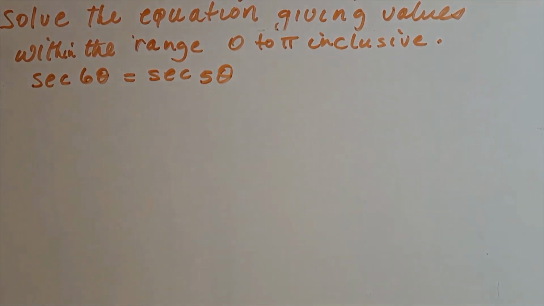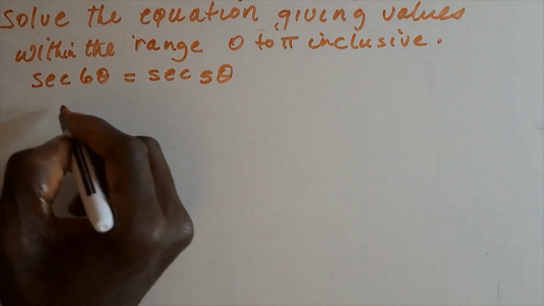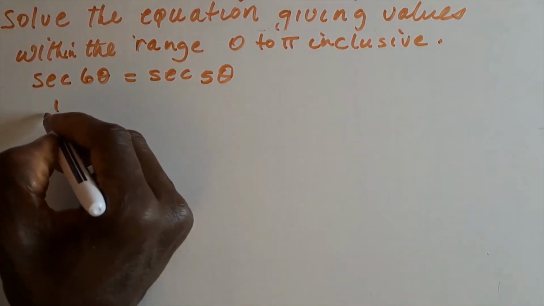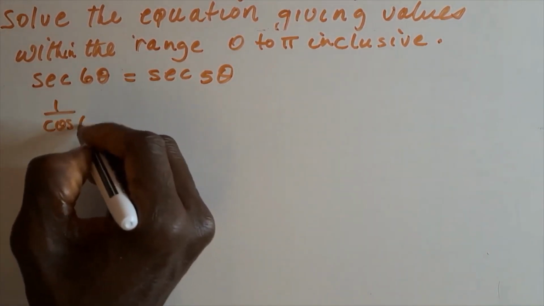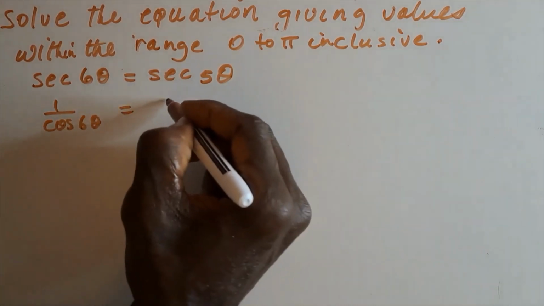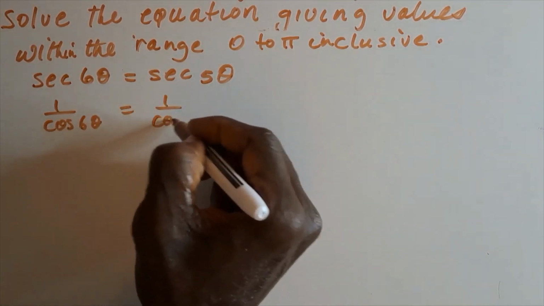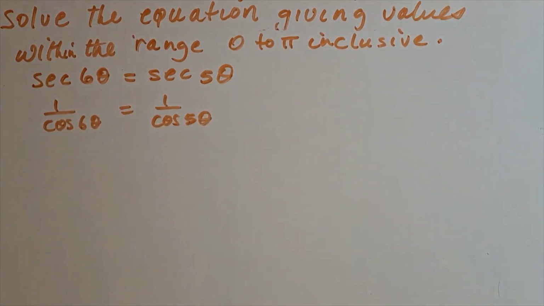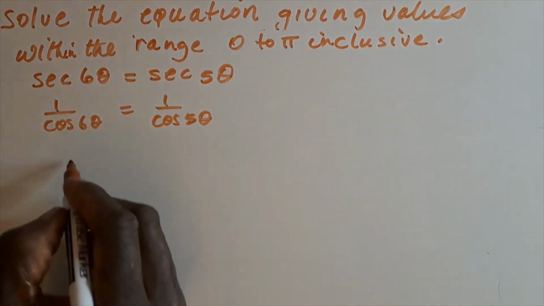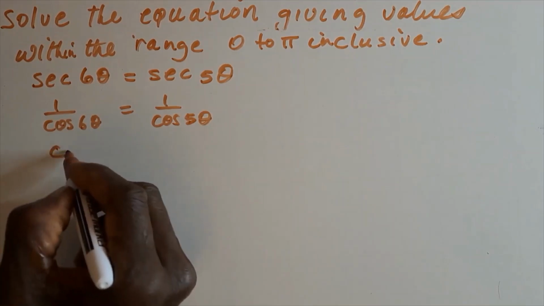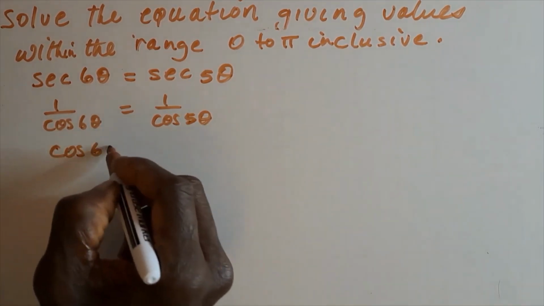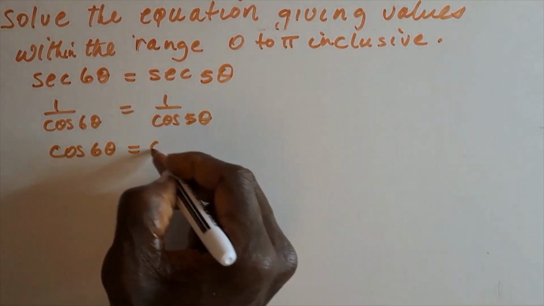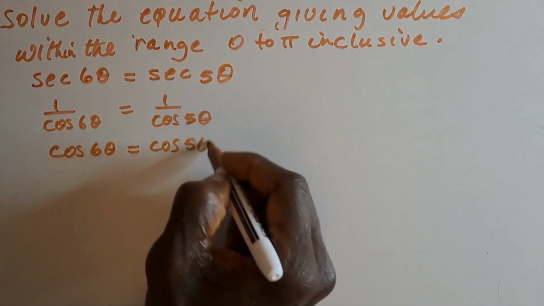We know that sec theta is the reciprocal of cosine theta, so we can write this as 1 over cosine 6 theta equals 1 over cosine 5 theta. If you take the reciprocal of both sides, then we have something as simple as this. Cosine 6 theta is equal to cosine 5 theta.